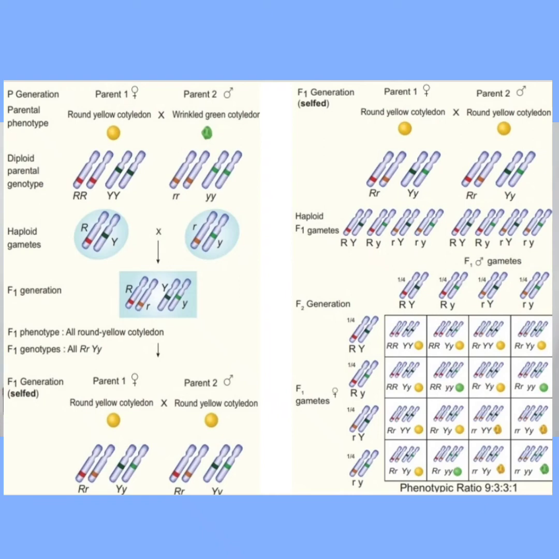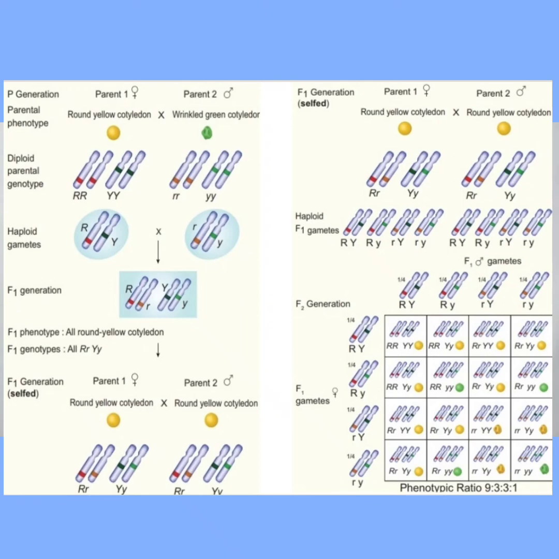And this plant will produce 4 types of gametes. When the 4 types of gametes are placed along the top and the left side of the checkerboard, we arrive at 16 plants with different types of characters, out of which the 9:3:3:1 phenotypic ratio is obtained.